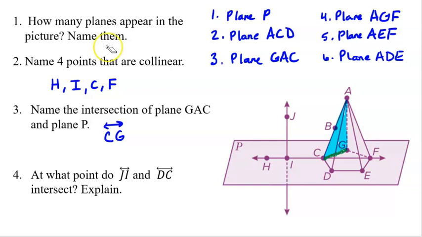All right, now looking at number 4. Number 4 says, where does line JI and CD intersect? So you want to imagine if these lines were going on forever. Even though it looks as if I did this at face value and just continued this line on forever, you could possibly say, oh, well, it hits at point J. No, it doesn't.